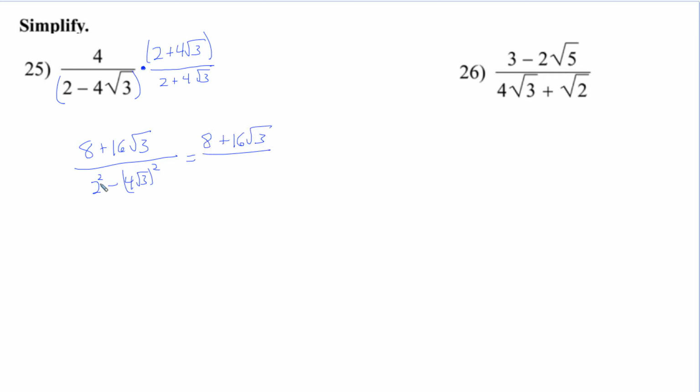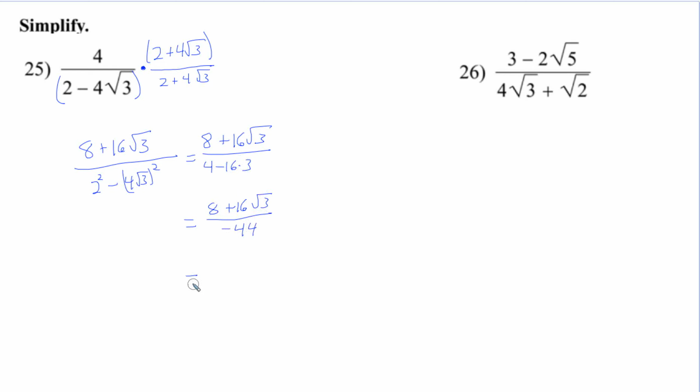Still have to be careful with your multiplication here. Here we have 4 minus, when we square something, that means it's multiplied by itself. So really we're going to have a 4 times 4, which is 16, and a root 3 times root 3, which is just 3. So we can simplify that. This is 48. So we have 8 plus 16 root 3 over 4 minus 48, which is negative 44.